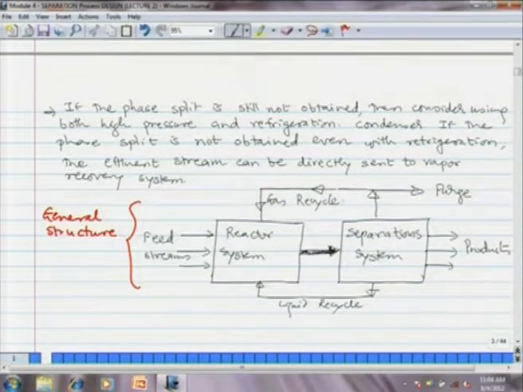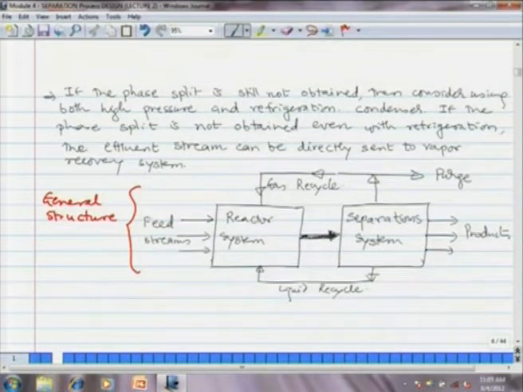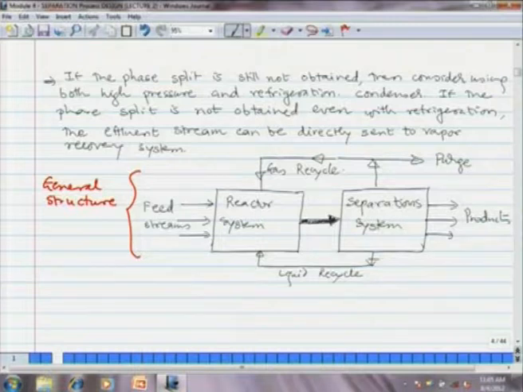If the phase split is not obtained even with refrigeration, then the effluent stream can be directly sent to the vapor recovery system, to take off only the vapor component, that is reactant, and all the gaseous products are then either recycled or recycled and purged, so that the inert or whatever gaseous components that can be deleterious for the process, it may be like catalyst poison, etc., are kept below a limit in concentration.